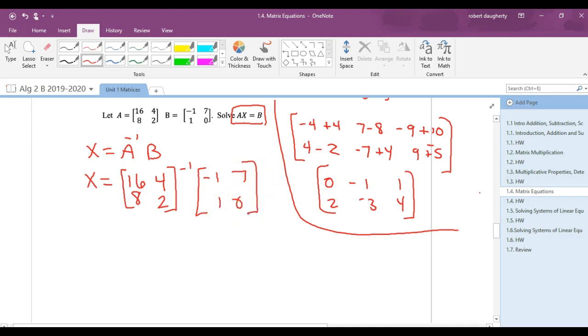So to find the inverse of this matrix, the determinant of A is, what is 2 times 16? 32 minus, what's 8 times 4? 32. That is 0. There are bells going off in your head now because why?